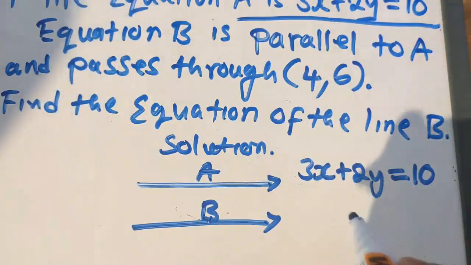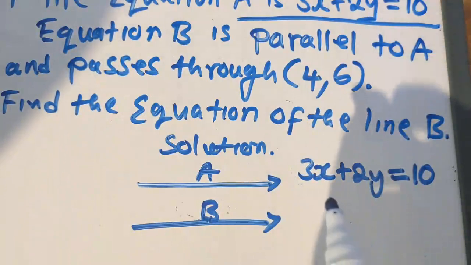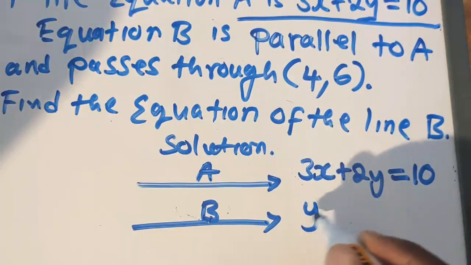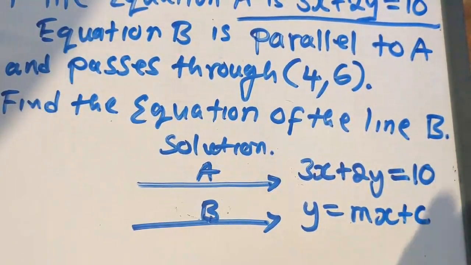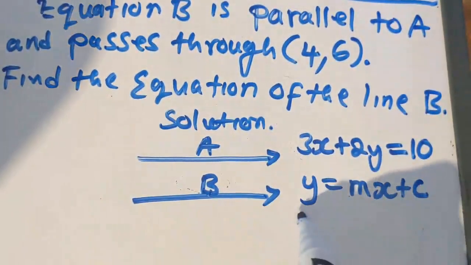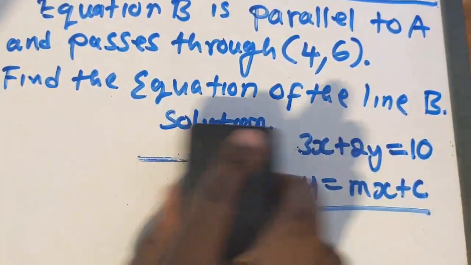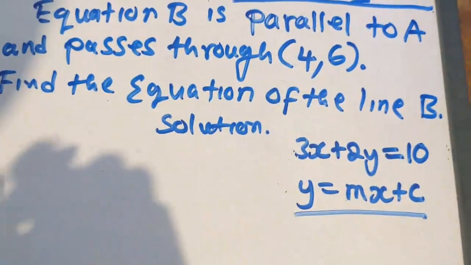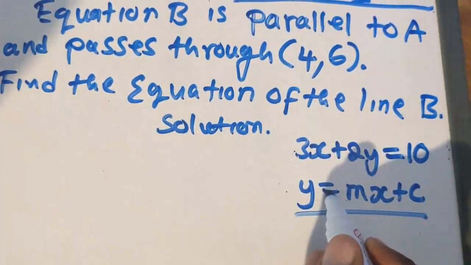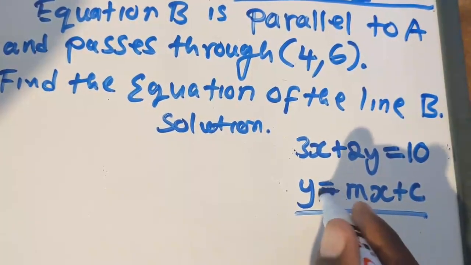You need to make y the subject of the formula, because the standard formula for the equation of a line is y is equal to mx plus c. So the equation has to be in that form, with y before the equal sign.